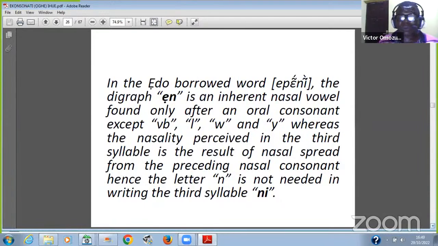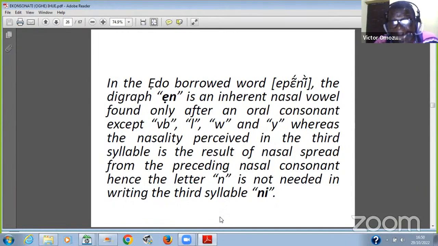In the Edo borrowed word, a penny, the digraph E sub dot N is an inherent nasal vowel found only after oral consonants, except after the VB, after the L, after the W, and after the Y. Whereas the nasality perceived in the third syllable is the result of nasal spread.